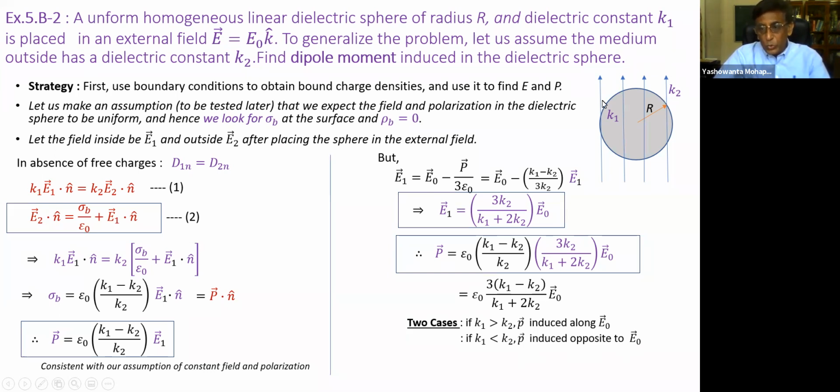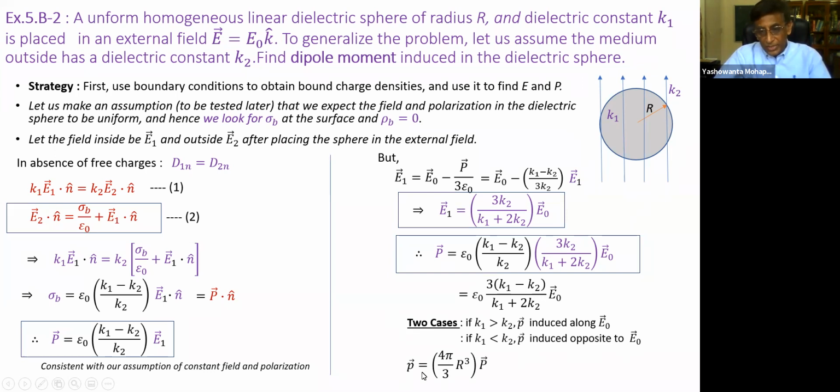Suppose K2 is air. The medium is vacuum, and there is no dielectric. Then of course K1 would be greater than K2, and then there will be a dipole moment induced along this direction. And then what will be the total dipole moment?